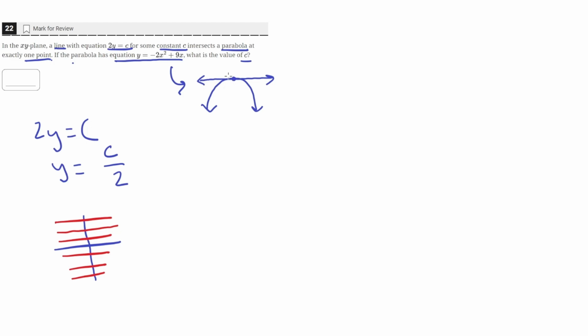So the horizontal line must cross the parabola at the vertex if it has to cross at 1 point only. And we can find the point at the vertex to be able to solve for the value of c. So the x value at the vertex of a parabola is equal to negative b over 2a, where b is the coefficient of the x term and a is the coefficient of the x squared term.